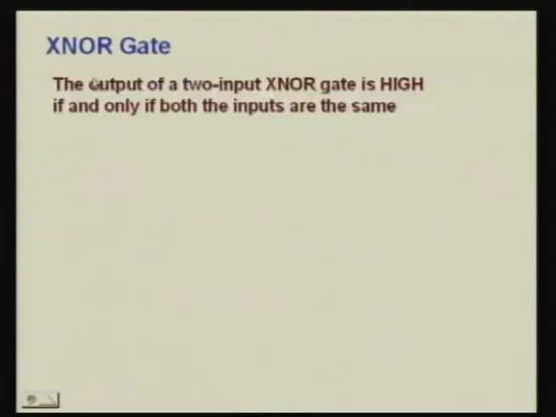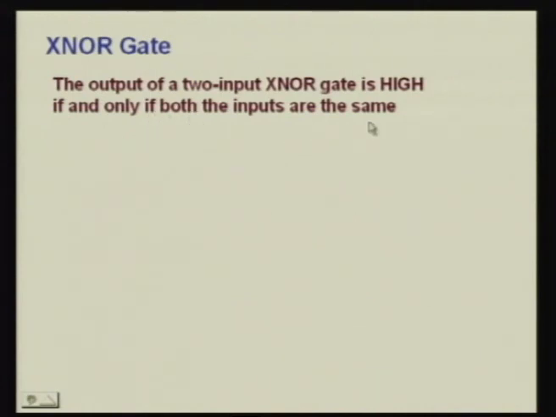The XNOR gate is basically just the complement of the XOR gate. Here we have to see the definition, and we are talking only in terms of two inputs, not more than two. The output of a two-input XNOR gate is high, meaning in one state, if and only if both the inputs are the same.